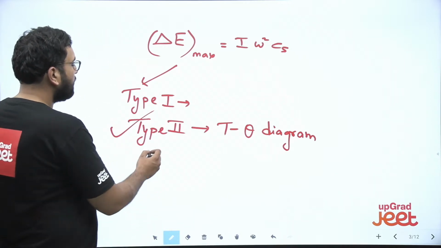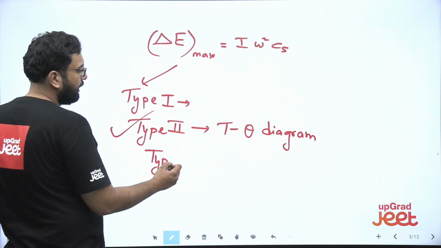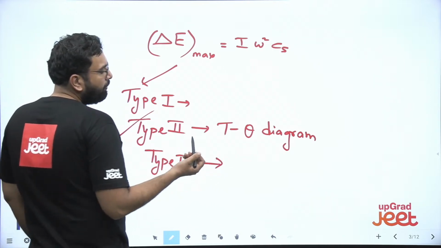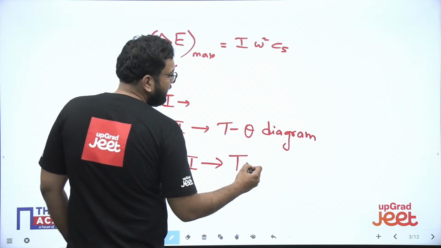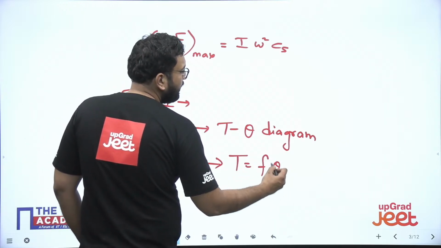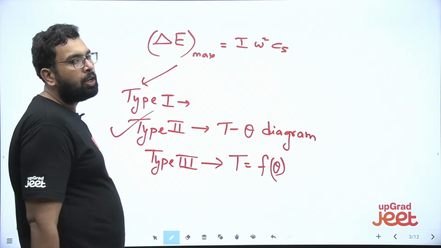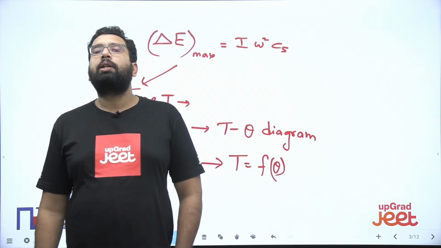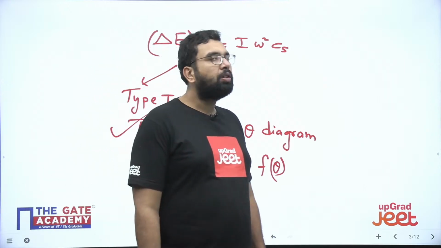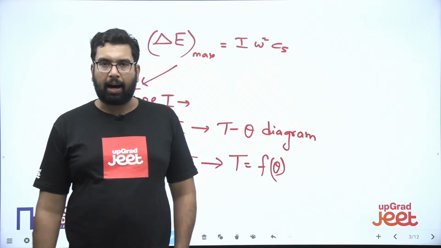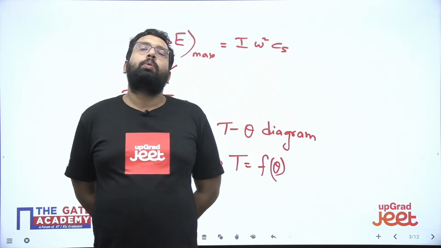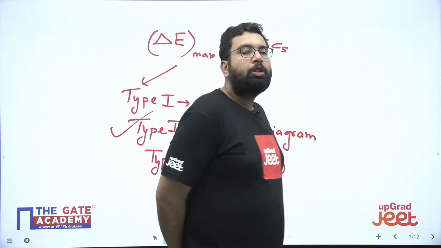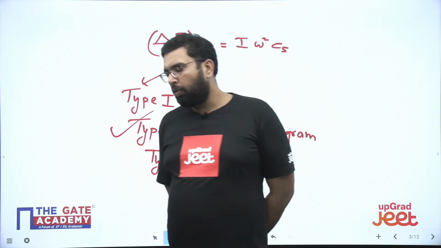Now coming to the type 3. In this type 3 question, we have T given as a function of theta. There may be some problems in which we have the T theta diagram. What does this T theta diagram show us? It shows the variation of torque with respect to theta, with respect to the crank angle to be more precise. Now this variation can also be given in terms of a function.